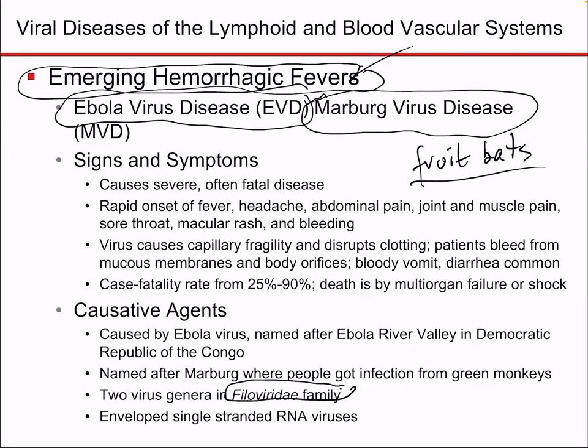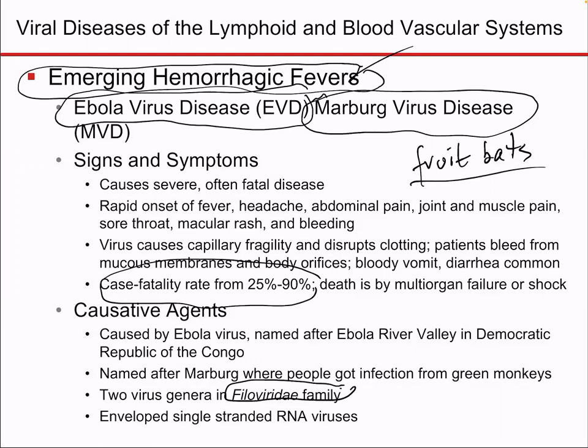And the word terminal fits very well, because depending on the strain of the virus that is causing the infection, the mortality rate could be really, really high. The case fatality rate goes between 25 and 90%.